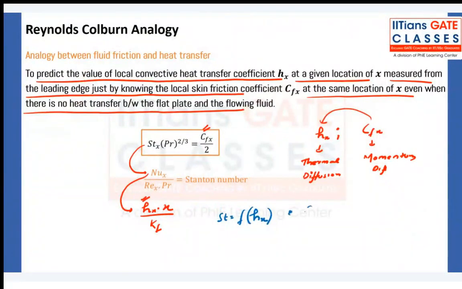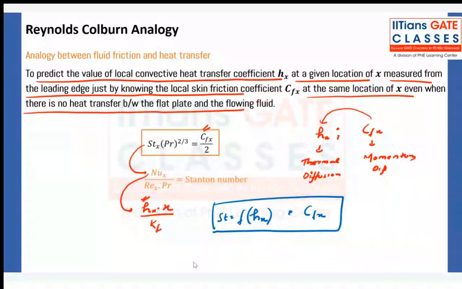So it is basically trying to merge the concept of momentum diffusion and thermal diffusion. The Reynolds-Colburn analogy is trying to correlate these two different phenomena, how they both are related.